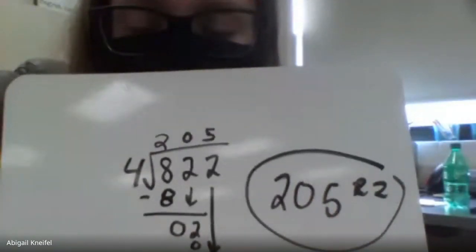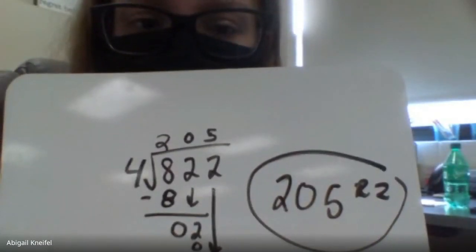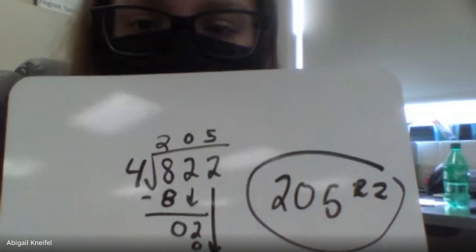Are there any questions on that one? I know that one was a little bit different. And remember, we could check. All we would have to do is 205 times 4 plus 2. Okay? Let's erase.